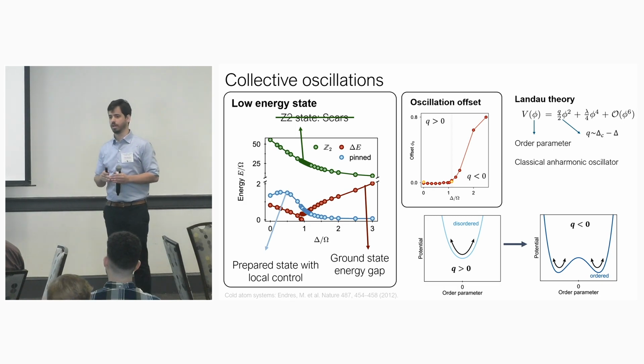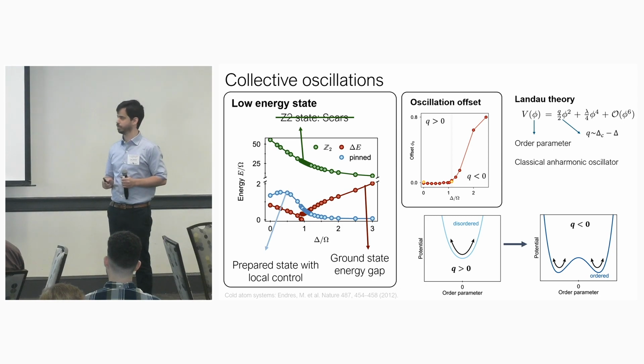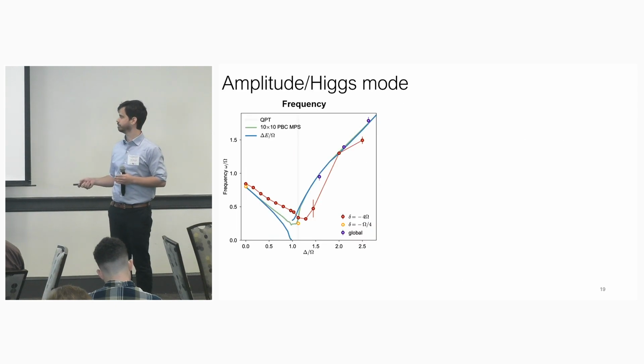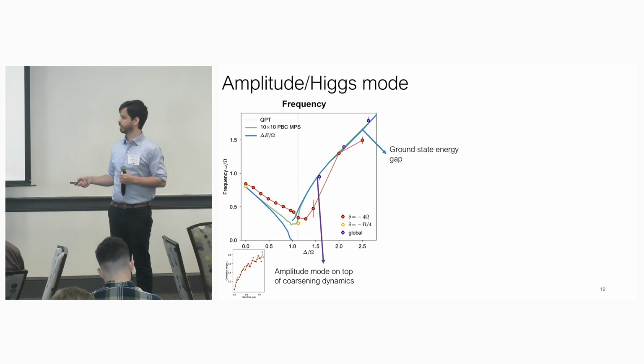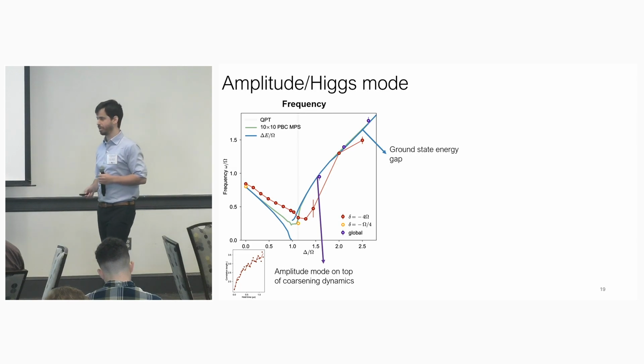Where you have this vacuum expectation value, in particle physics language. Essentially, you have this mode, these oscillations around the value of the order parameter which is non-zero. And we see this on top of these coarsening physics. So we have both coarsening dynamics and this type of Higgs mode behavior happening simultaneously.